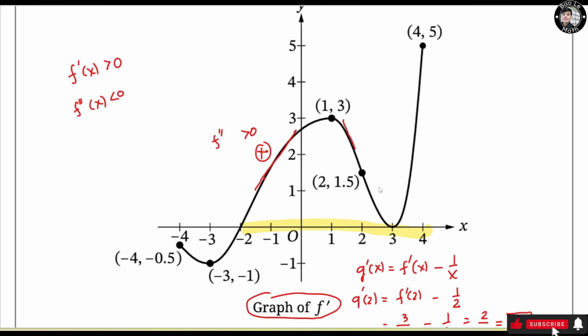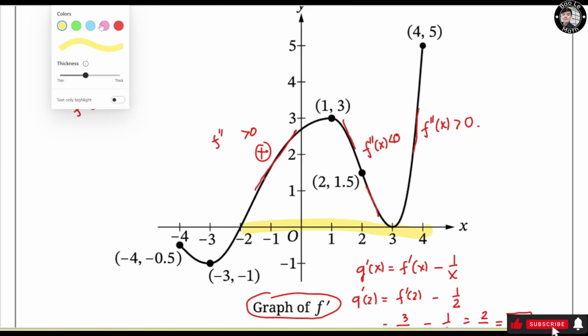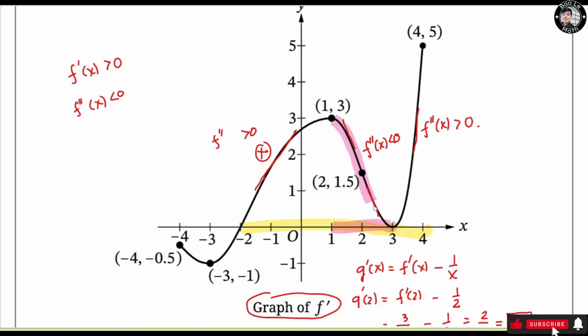Draw this one. We see that on this interval right here, f double prime of x is less than 0 because the slope is negative. And right here, the slope is positive. So the only interval that satisfies this condition is from 1 to 3 only, which is this part right here. It's above the axis, so it's positive, and the slope is negative.